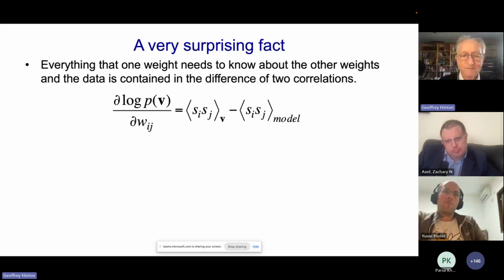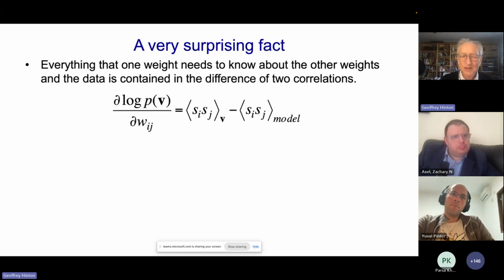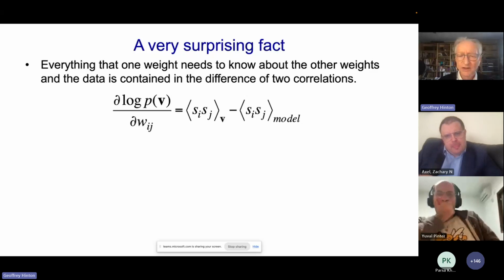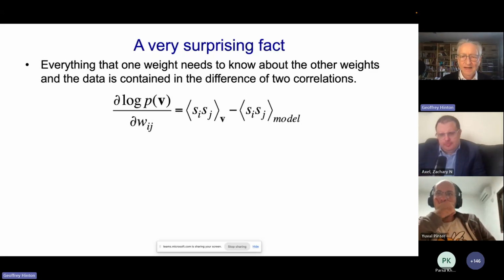It's the same rule. And the derivative that will make the log probability of V higher is just the difference between how often neuron i and neuron j are on together when you're clamping V on the visible units and you've reached thermal equilibrium, and how often they're on together when you don't clamp anything on the visible units. You just let it dream.